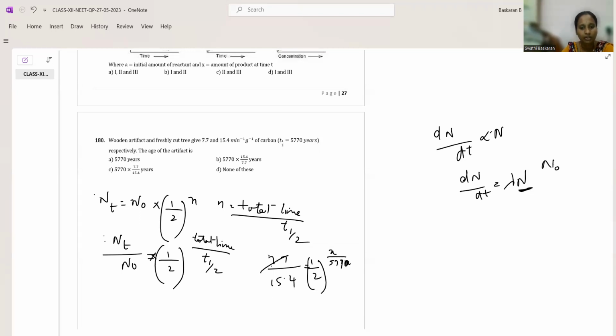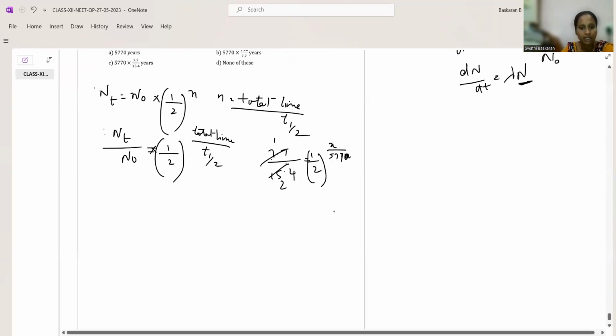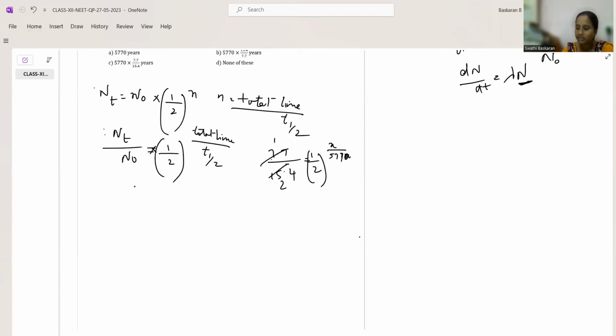Now this will also become 1 divided by 2. So the bases are becoming equal: 1 by 2 is equal to 1 by 2 raised to the power x by 5770. So 1 is equal to x by 5770.